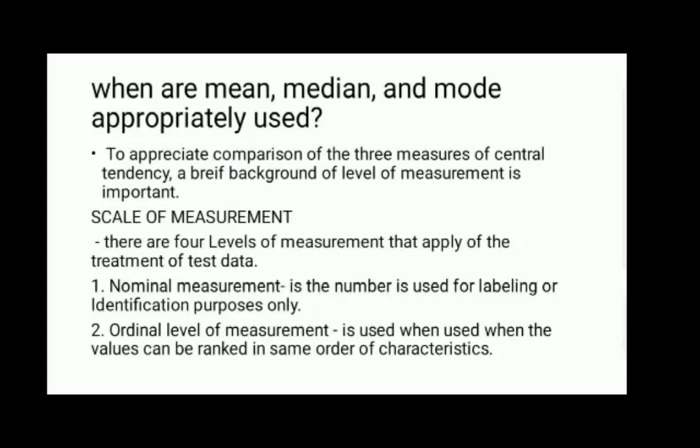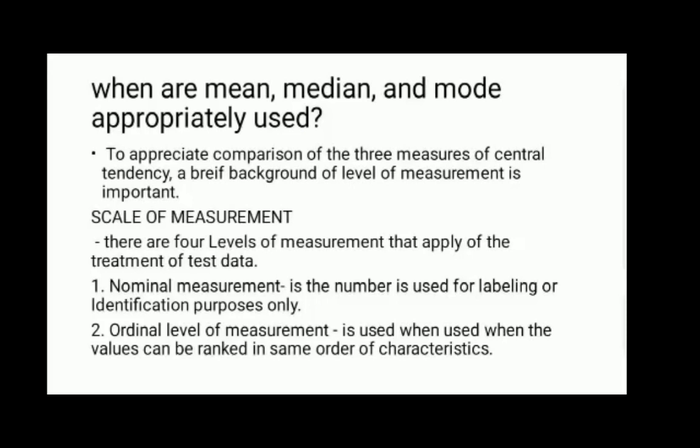It's least affected by extreme values and is suitable for skewed distributions. Mode is used when you want to identify the most frequently occurring value. It's helpful for categorical data and can be used with numerical data as well.